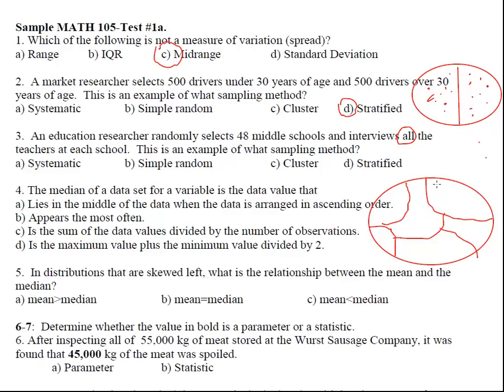So maybe this is one school, but within a school, he'll survey everyone. So within a school, he surveys every person. So instead of taking a random sample like up here, with the cluster, you survey everyone. And maybe you only go to 2, but within each cluster, you survey everyone.